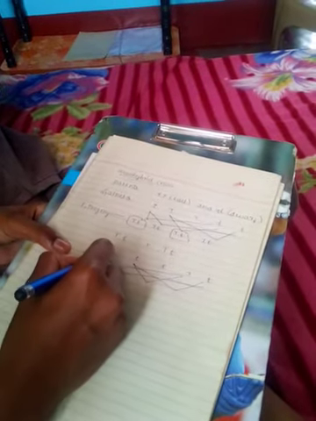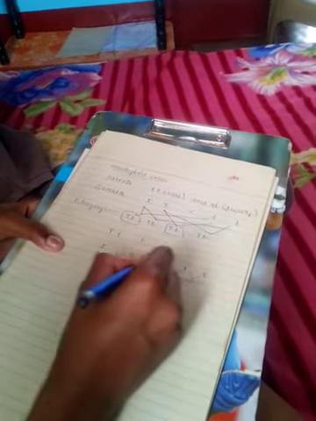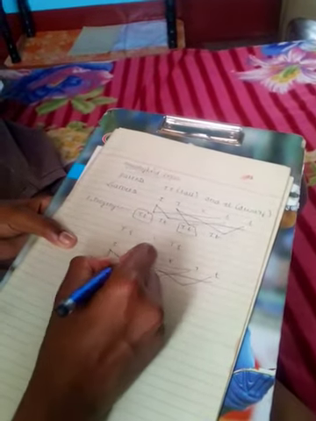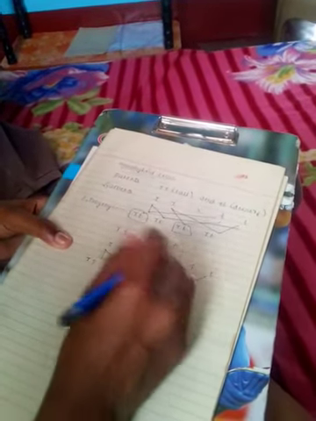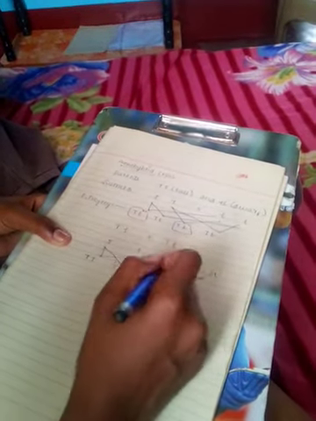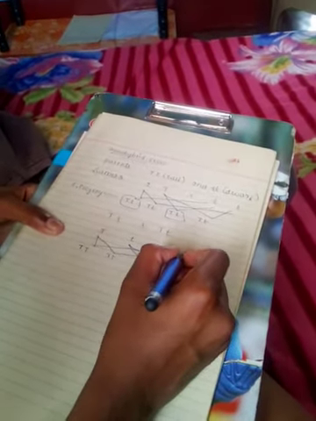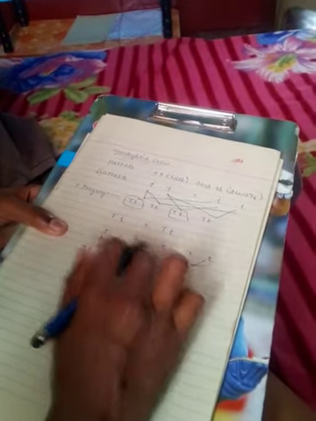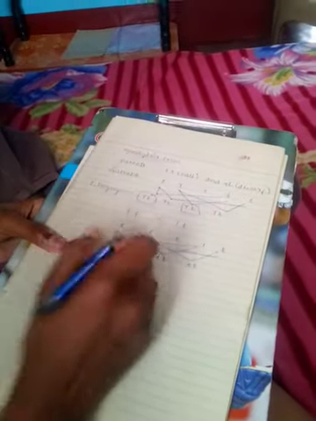So we'll get T versus T, TT, and T versus small t, Tt, and small t versus big T, so dominant will be written first, Tt, and t versus t, so that is tt.